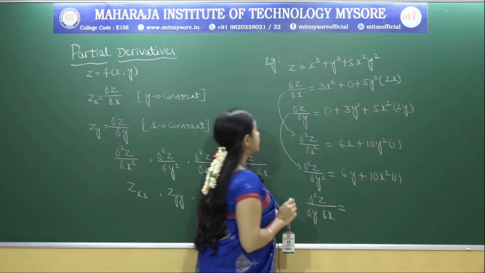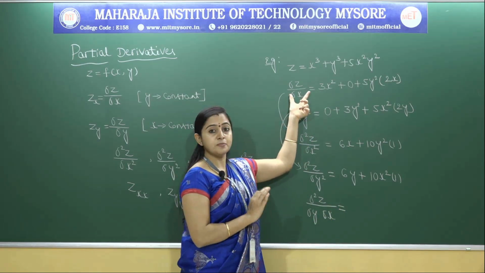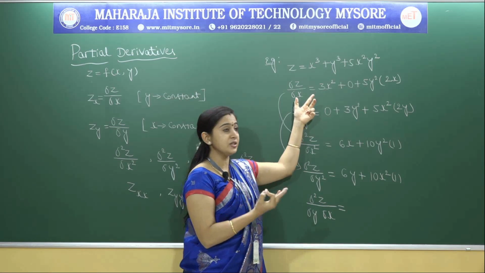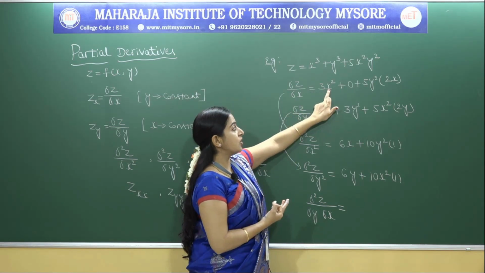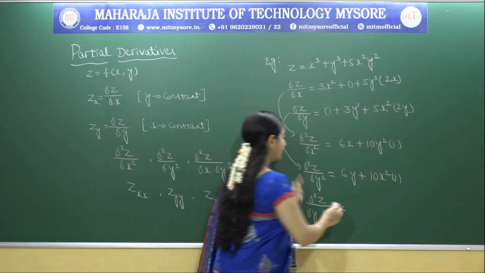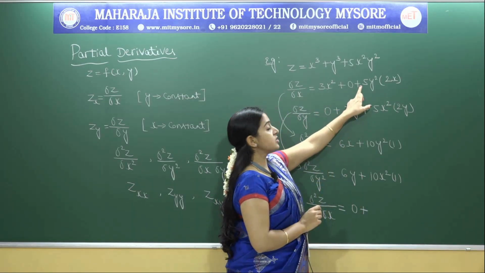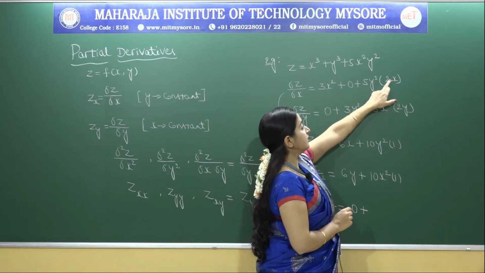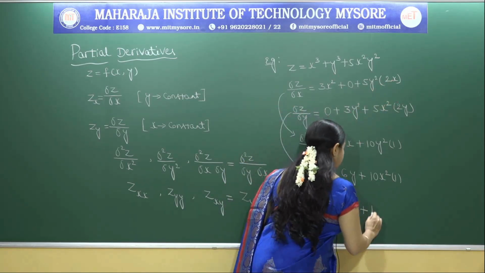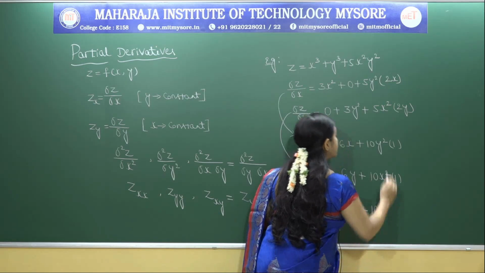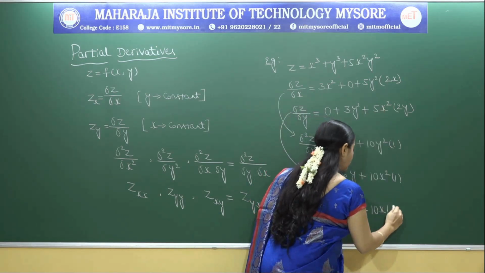Differentiating with respect to y, keeping x constant, the first term gives 0 since x is constant. In the second part, x is constant, so keep 10x as it is and differentiate y square to get 2y.